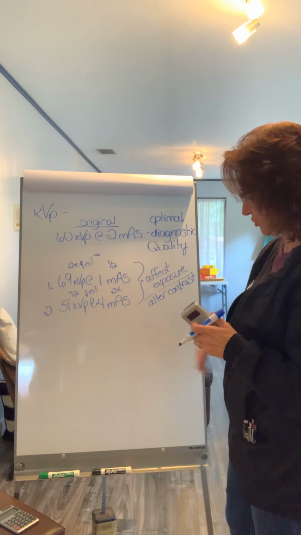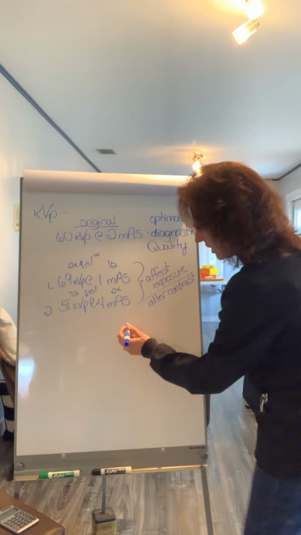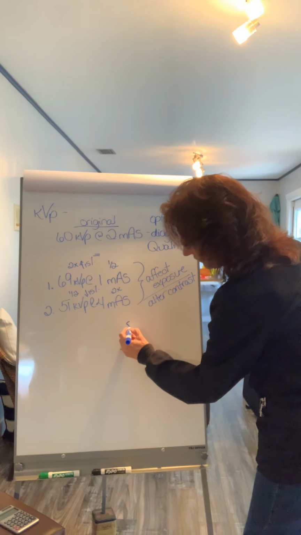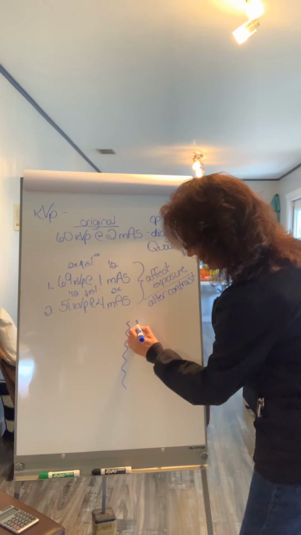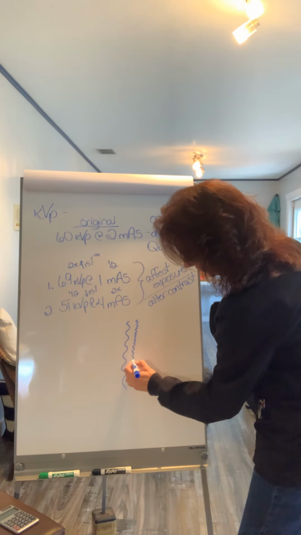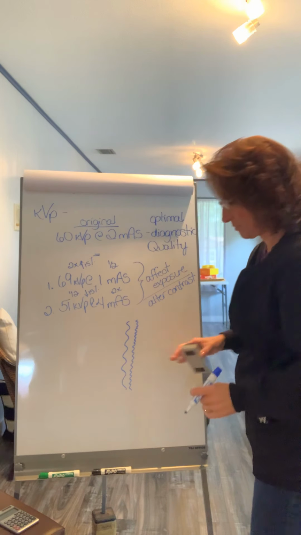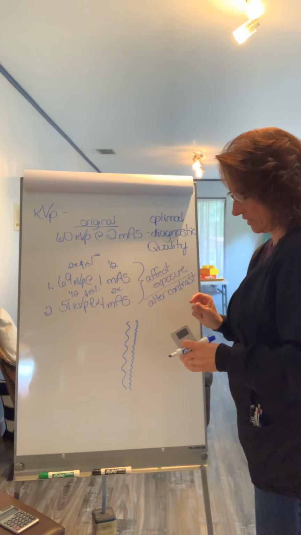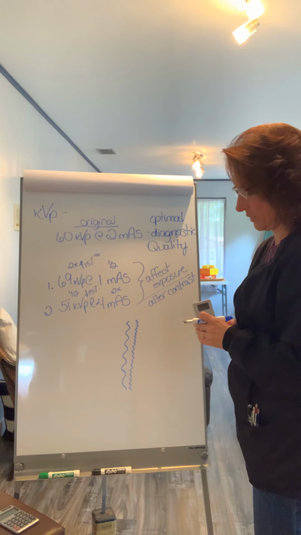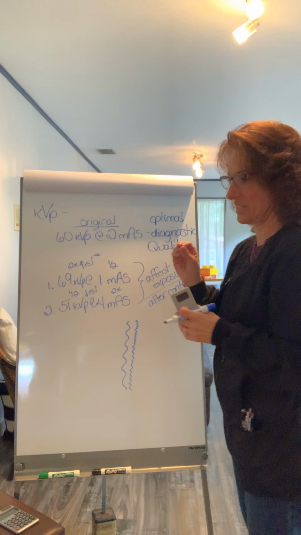It always affects your contrast there, because remember, raising the kVp, if your photon started out like this and you raised it 15%, you're going to get something more like this. Because you're raising the energy, you're shortening the wavelength, and you're increasing the frequency. So kVp and mass have to go together.